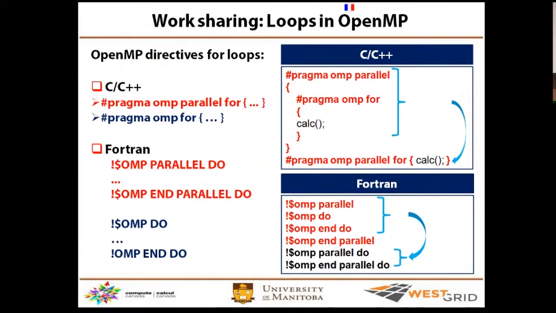So we'll have pragma omp parallel for. The same in Fortran: omp parallel, then create the loop with omp do. So we can combine both into omp parallel do.